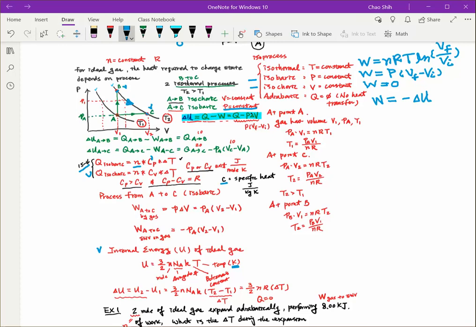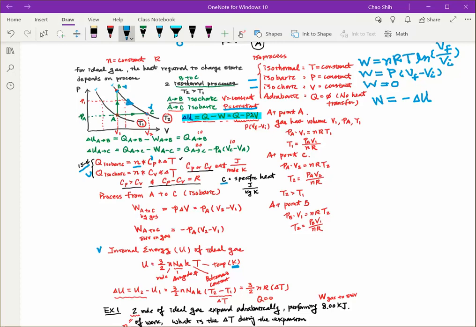These are all constant. The only thing that actually changes the internal energy is the change of temperature, T2 minus T1. So when you have a change of temperature, you change internal energy. Therefore, you can simplify this to be 3 over 2 n N_A k times the change of temperature.